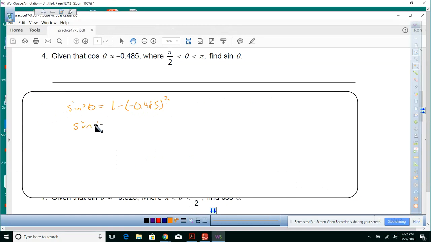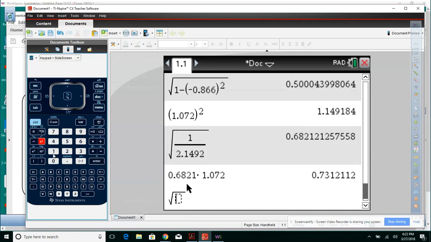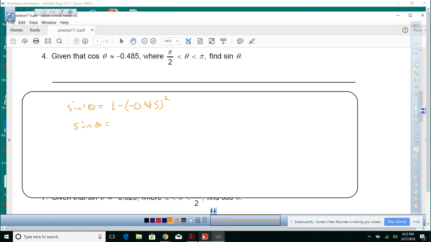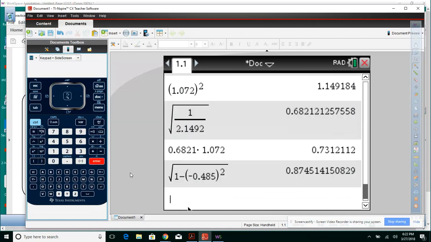So sine theta equals the square root of 1 minus, open parentheses, and that was negative, wasn't it? Negative 0.485, is that right? And then squared, and that gives me 0.8745.